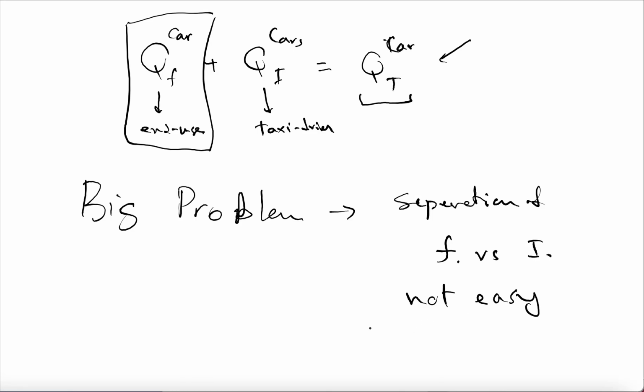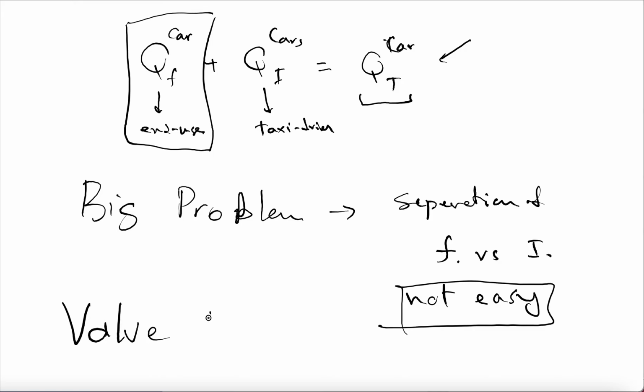But Simon Kuznets and Richard Stone found a solution for this, and that solution is called the value added approach. We are going to show how value added helps avoid double counting.